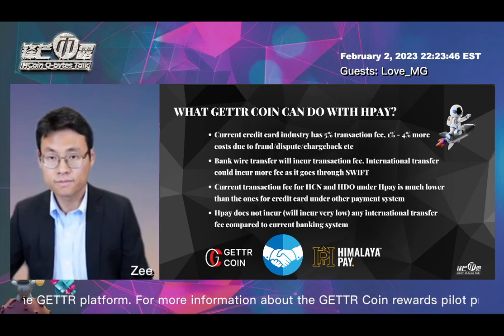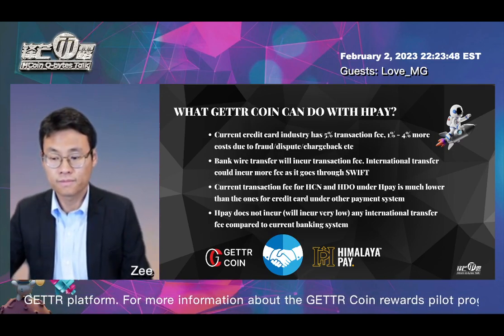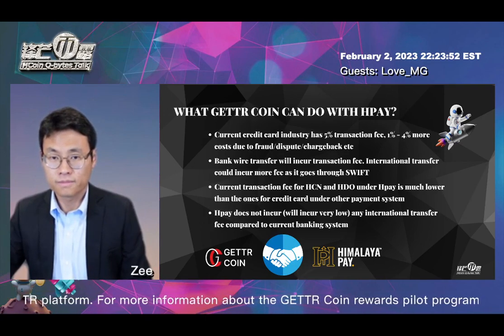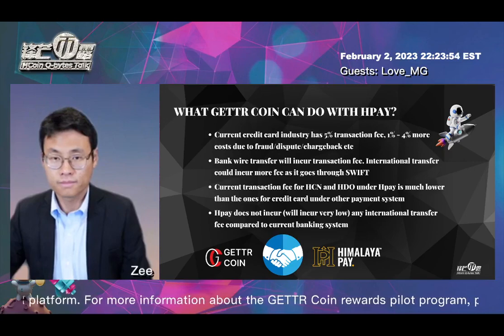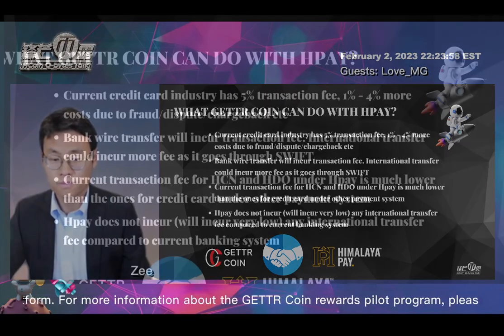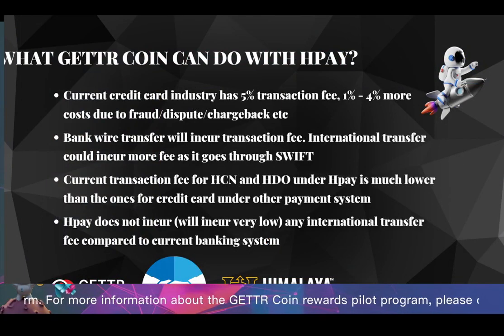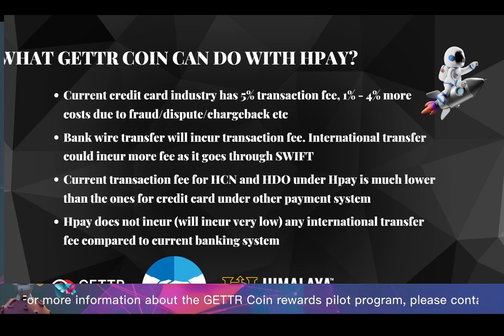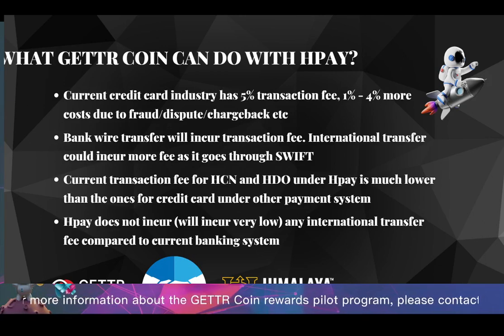Visa plus the bank charge around 5% of the transaction fee, and 1% to 4% more cost is due to fraud. Because recently people use more online transactions instead of offline transactions, the percentage of fraud could be higher.